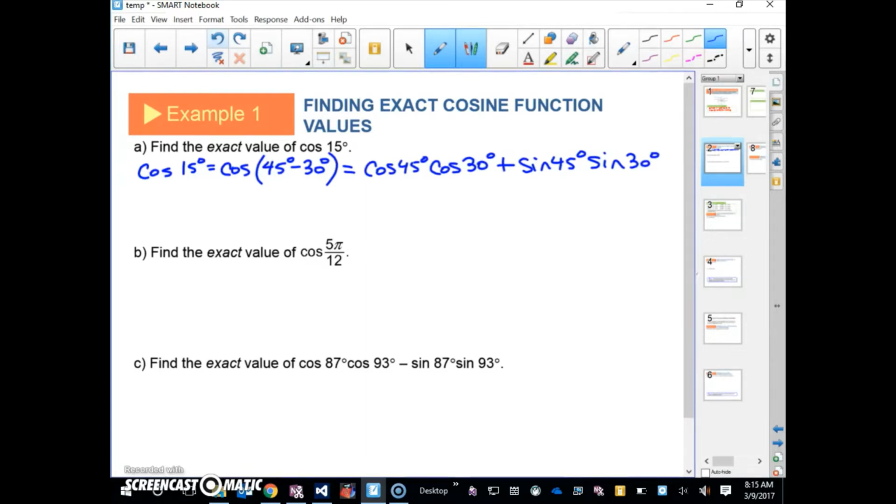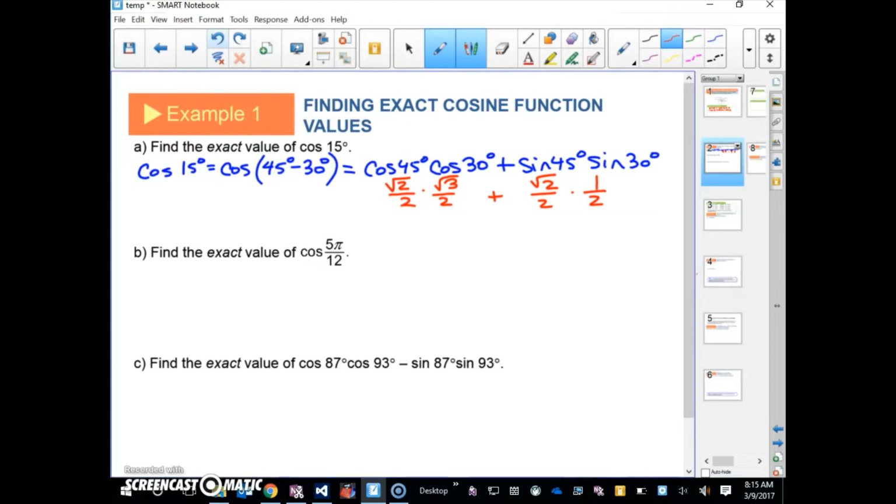Look at the chart. You should be able to tell me really quickly, what's cosine 45 degrees? Square root of 2 over 2. And cosine 30, square root of 3 over 2. Plus sine 45, square root of 2 over 2, and sine 30 is 1/2.